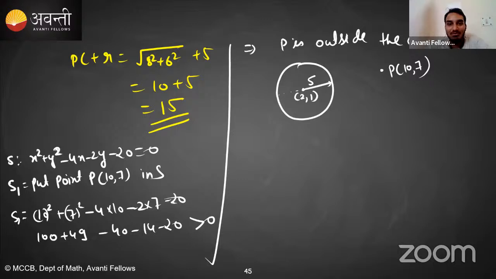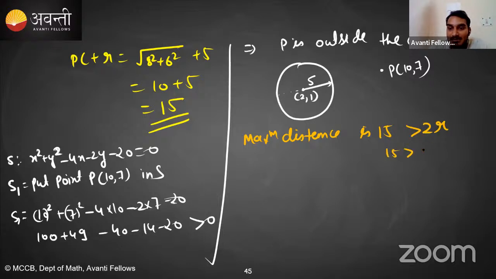Very good, yeah, exactly. See, what is PC plus R? This maximum distance of the point is coming 15, which is greater than 2R, which is greater than the diameter of the circle. This is quite simple.